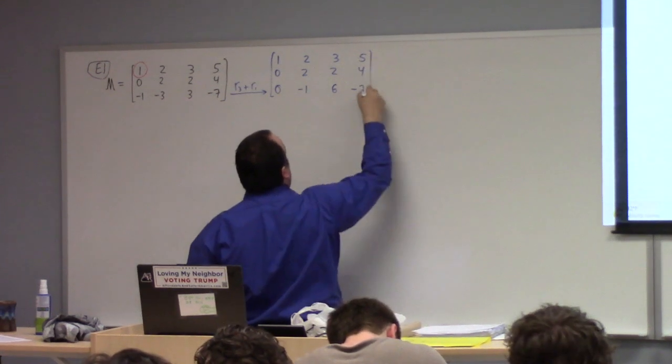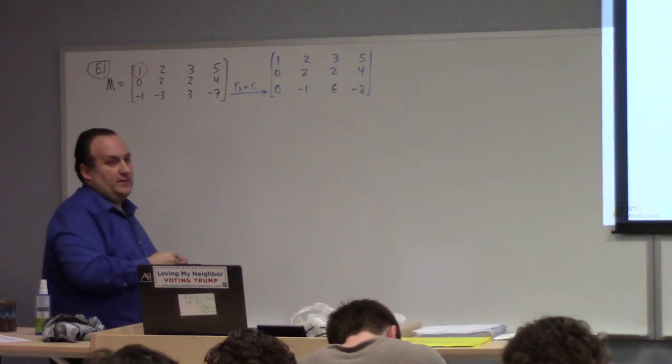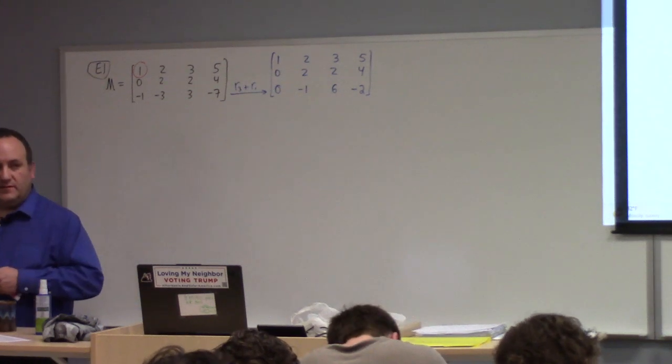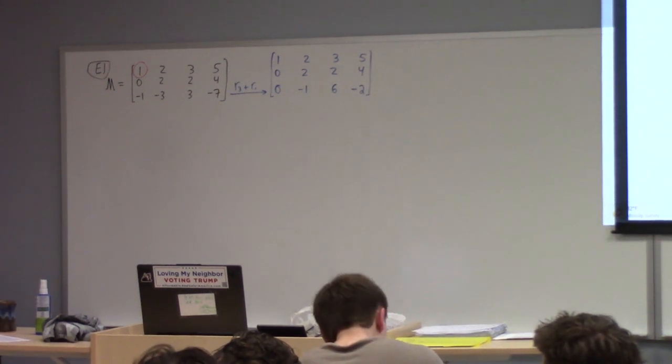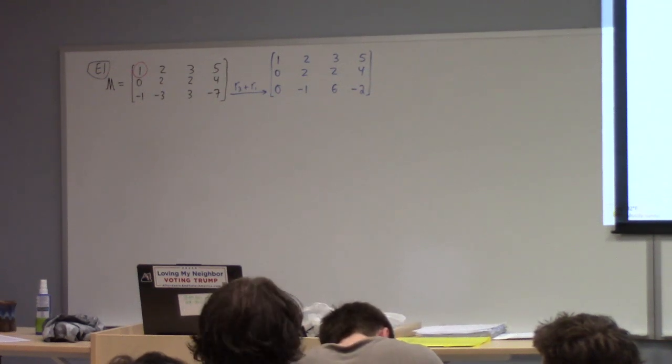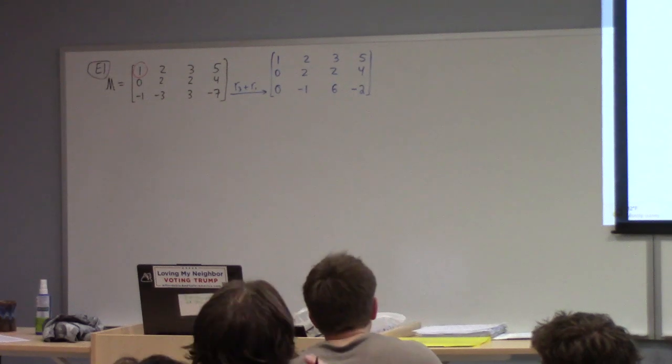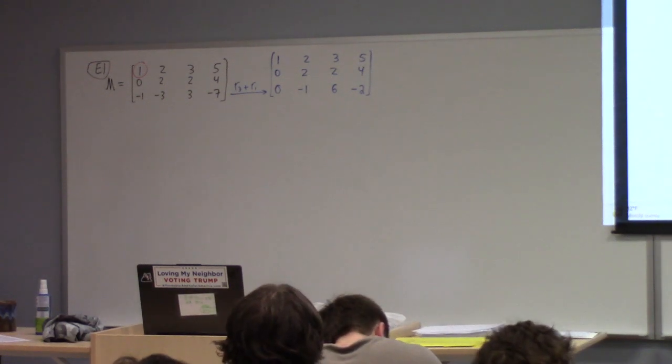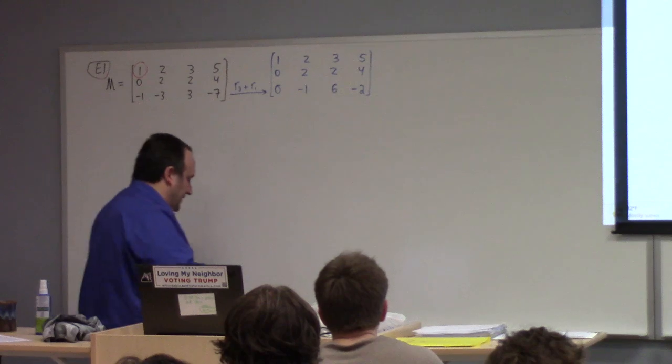All right? Okay, so at this point, I have cleared out the non-zero entries below the pivot position. So I'm done with the first pivot. Pivot 1's done. I move on to identify the next pivot position.